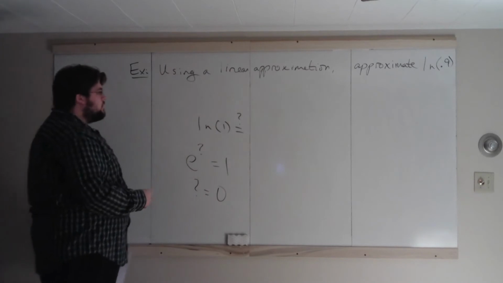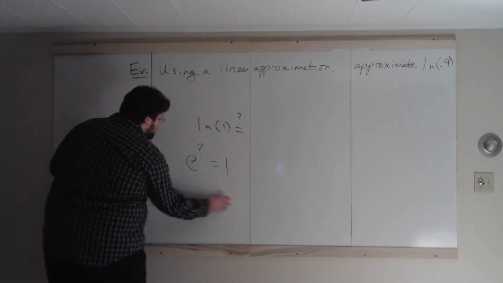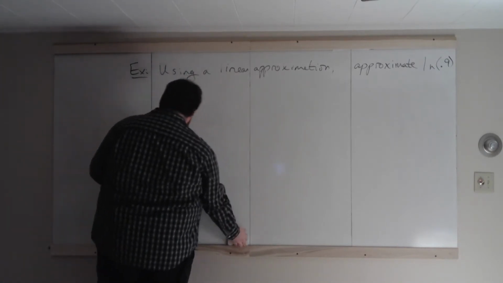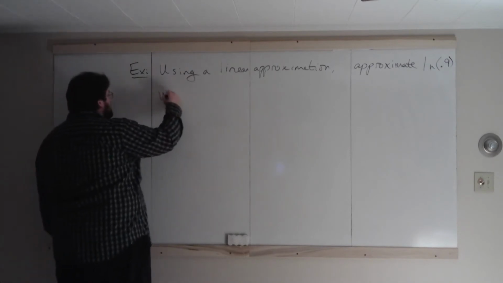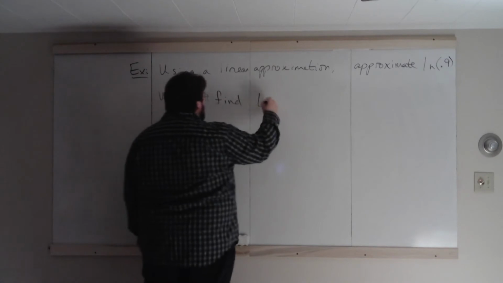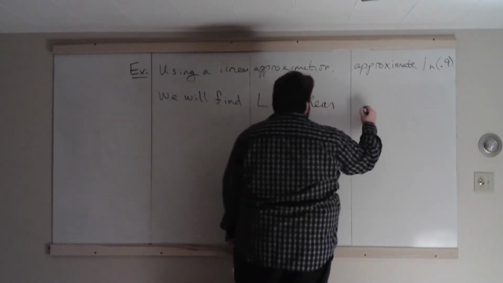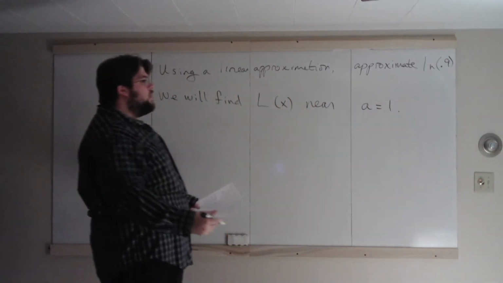E to 0 equals 1. So log of 1 is a value we know. Could have also used the graph. Log of 1 is 0. So we will find L of x near a equals 1, because we know log of 1.